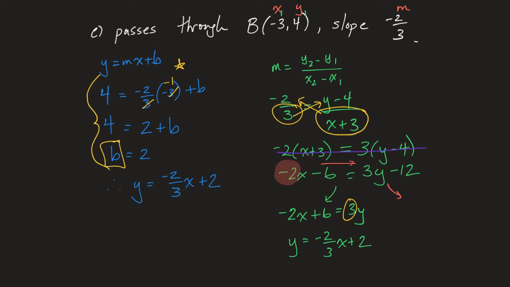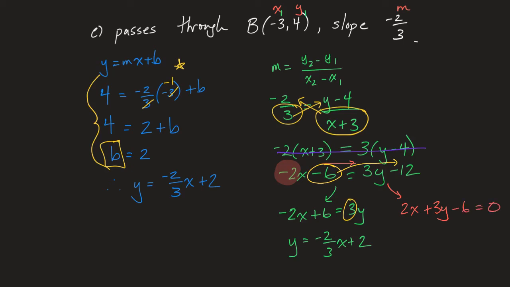We should be able to see that if I moved my x term to the right side, it would become a positive 2x. So how do you get rid of minus 2x? We add 2x. I got 2x on the right side. I already have the 3y term on the right side, so it stays the same. And now I have to get rid of a minus 6, so I'm going to add 6.